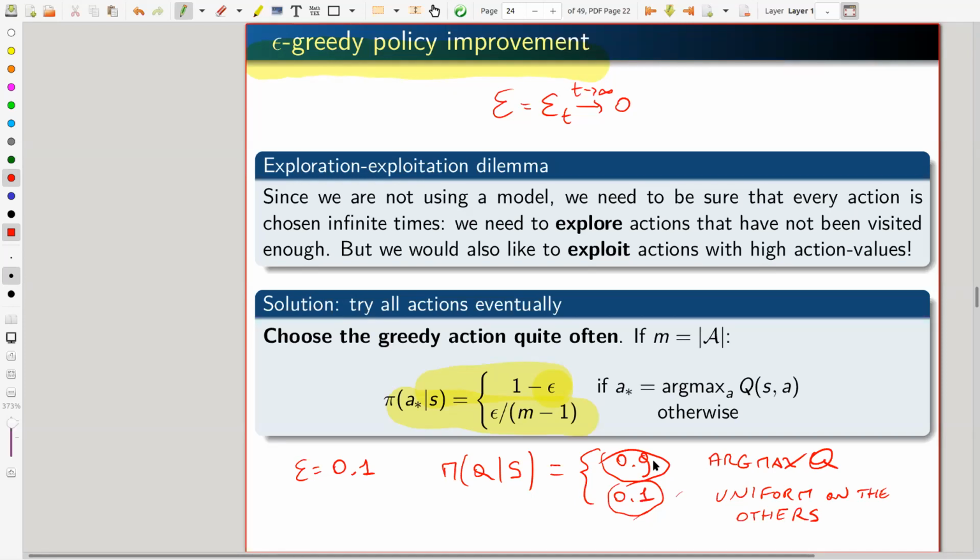In practice, it's a sort of gradient descent. The idea is the same: in gradient descent, if you don't make the learning rate converge to 0, you have a similar problem.